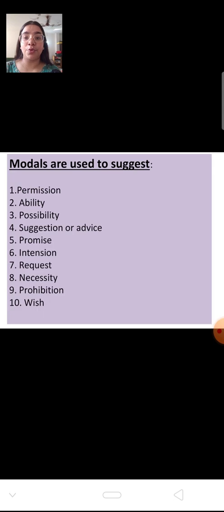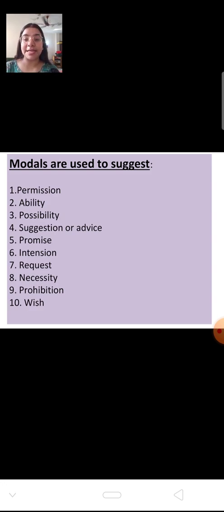That means here we can understand the mood while using the modals in a proper place. Now, modals are used in such ways, like they are used for permission. When we want to ask permission, we use certain modals. Ability, possibility, suggestion or advice, promise, intention, request, necessity, prohibition, and wish.